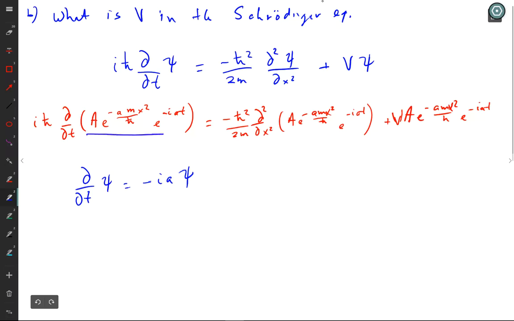The only thing that had time in it was e to the iat, so that's the only part I had to take the derivative of. The derivative with respect to time of e to the minus iat brings down a minus ia and then is the same.